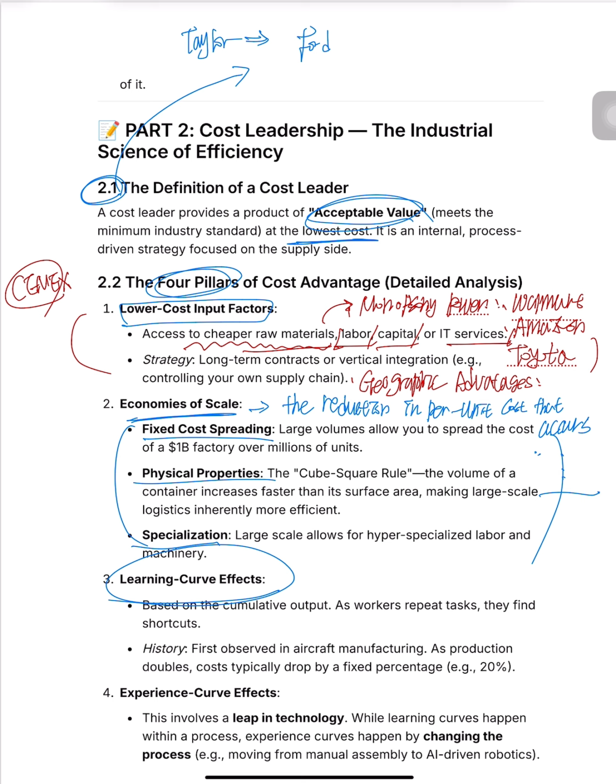As workers accumulate experience performing a task, their productivity improves and their error rates decline, so reducing the cost per unit without any capital investment or process change. This is a uniquely human driver of competitive advantage.